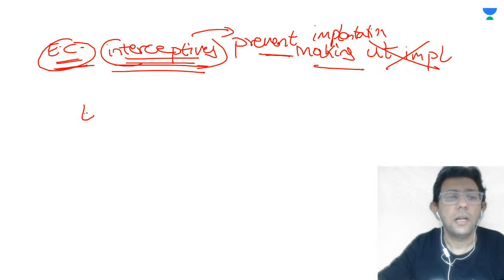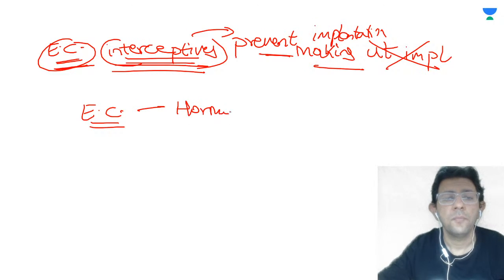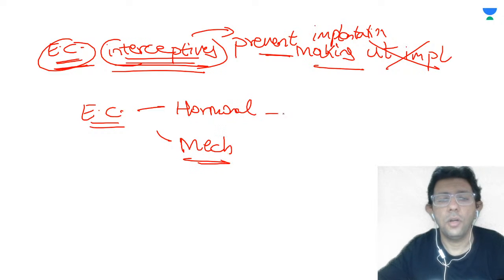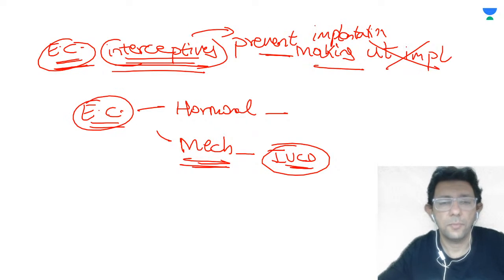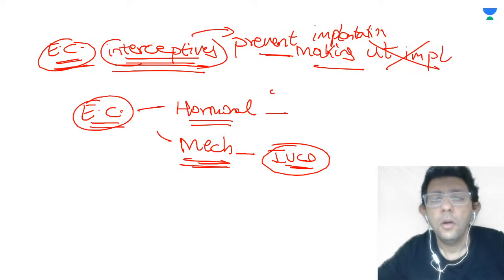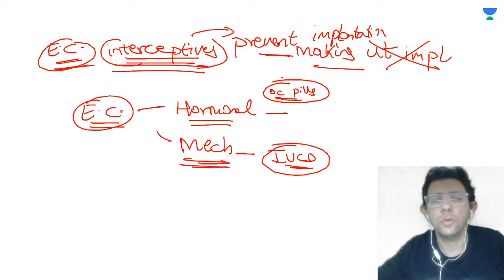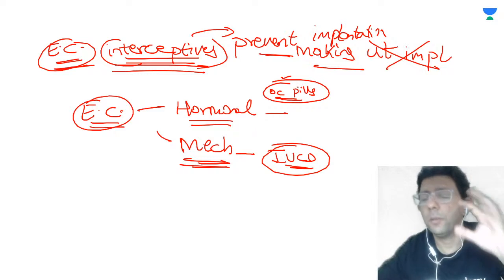Now there are two types of emergency contraception. One is the hormonal and second is the mechanical. In hormonal, which ones do we have? And mechanical is IUCD. Any intrauterine contraceptive device can also act as an emergency contraception. In the hormonal one, OC pills were used in the past, not so popularly used now, but just for your MCQ purpose, you can remember it.